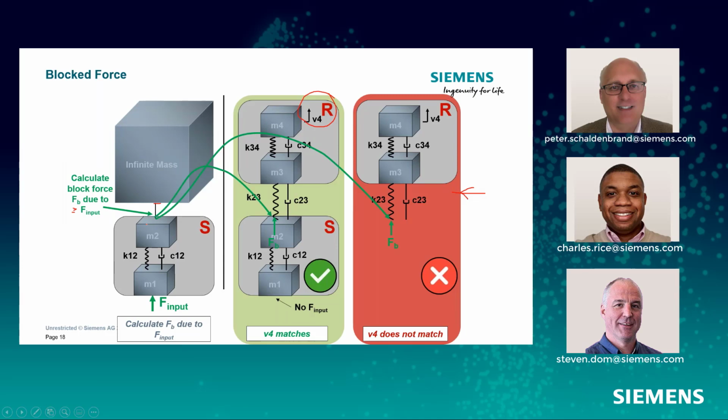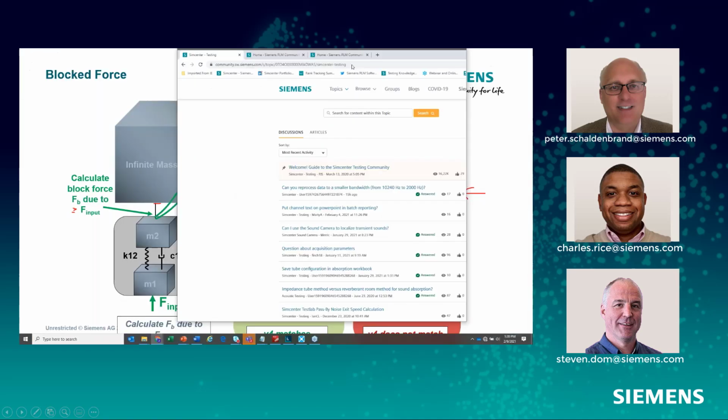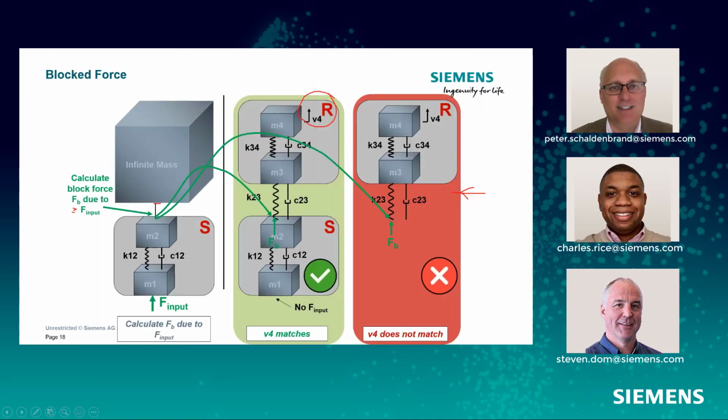If I had the first system with the receiver R and I identified the blocked force, to generate the V4 that you had there on that assembled structure, then I have that blocked force. I can replace system R with system T, apply that blocked force again, and still get the right result, right?